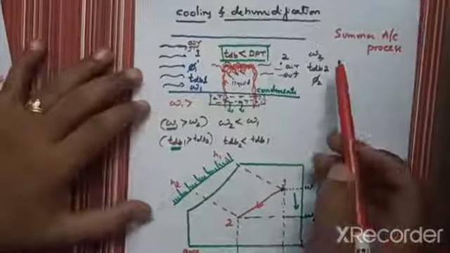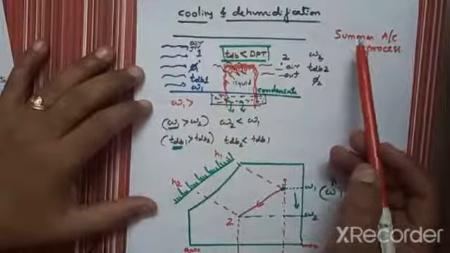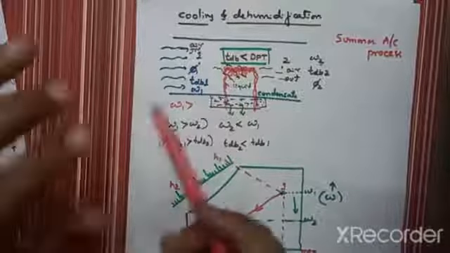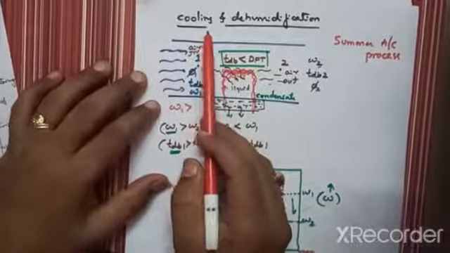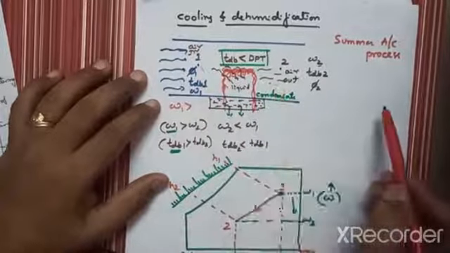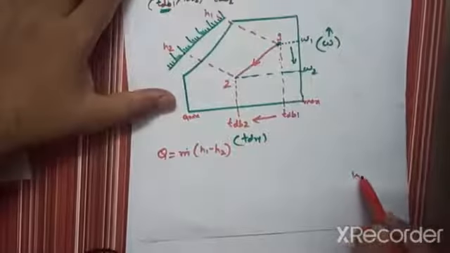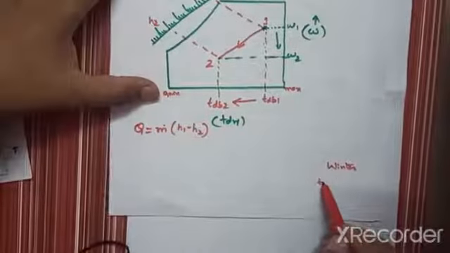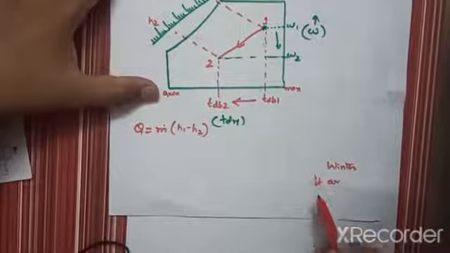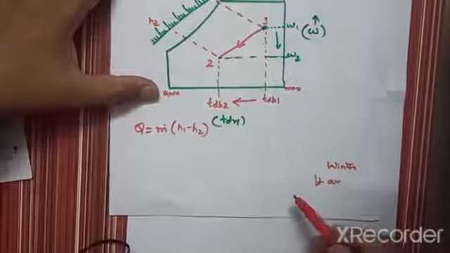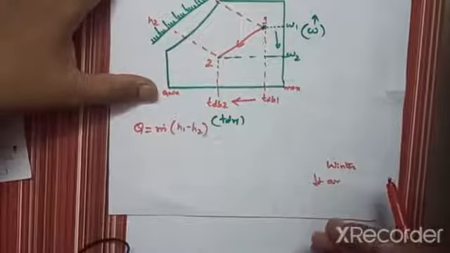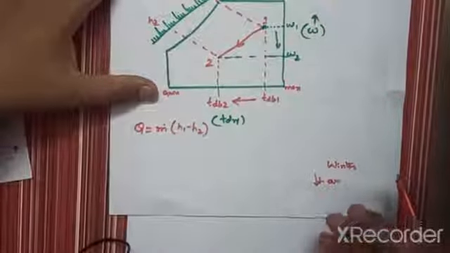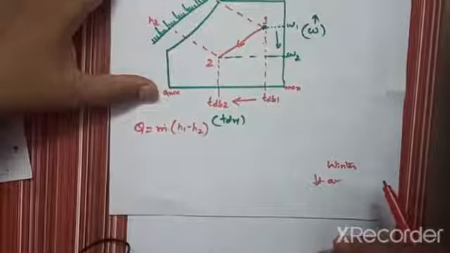But at the same time, in the winter air conditioning, which process will you apply? In the winter, the atmospheric air temperature is less. Low temperature will again make us feel uncomfortable. The atmosphere temperature should be approximately 25 to 27. Understood?